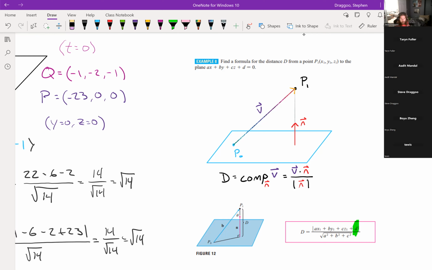Just note that if you are going to use that formula, make sure that you get everything over to one side first. Again, leaving d on the wrong side tends to make this thing fall apart. But if you do use that formula, it can be nice because then you only have to pick out the one point, like point Q, the one that's on the line, plug it in, and then just get yourself an answer.